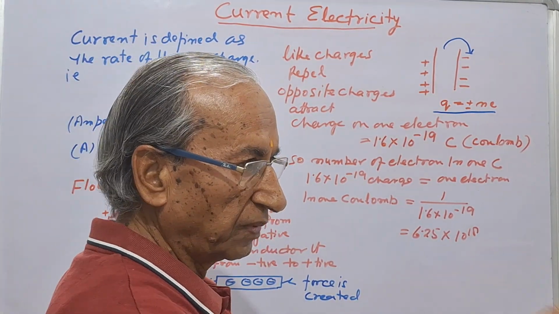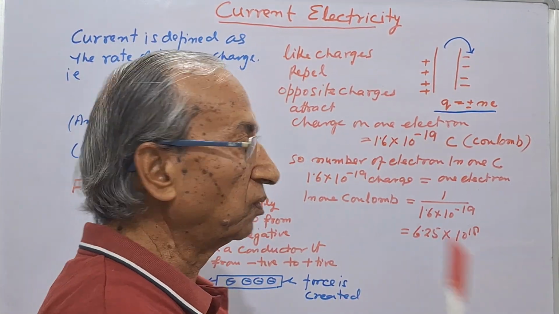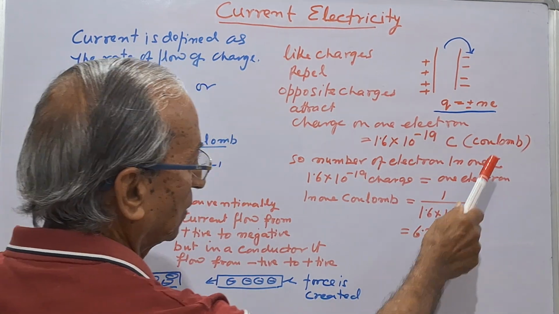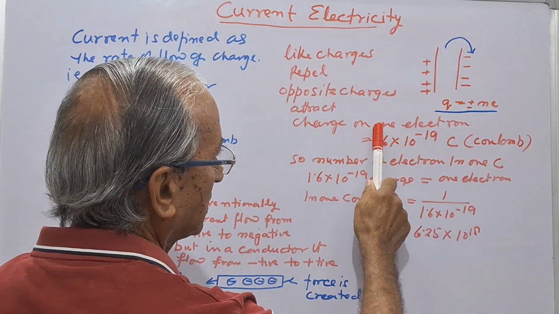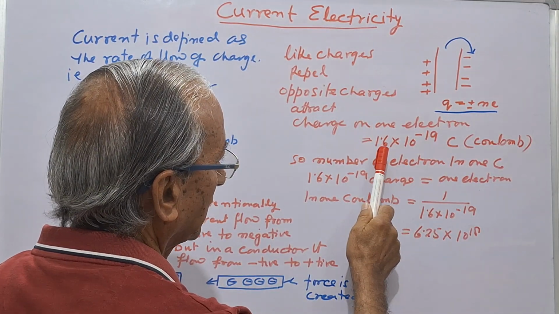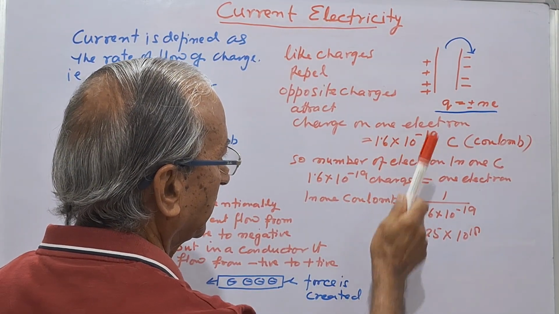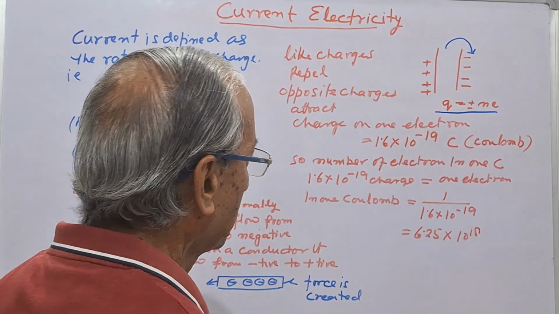Then we have to find out the number of electrons in 1 coulomb. Again listen, coulomb is the unit of the charge, and the charge on one electron is 1.6 into 10 to the power minus 19 coulombs.